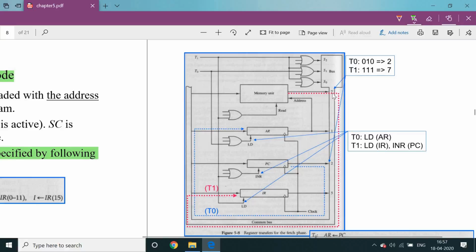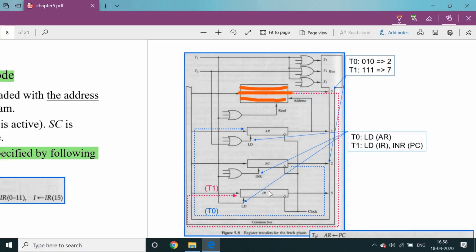Here the red dotted lines, the arrow, indicate that from the memory unit, because inside the memory there are a number of locations, an individual location with the complete word size of 16 bits is loaded, and loaded in the sense that it is always transferred through this common bus system.